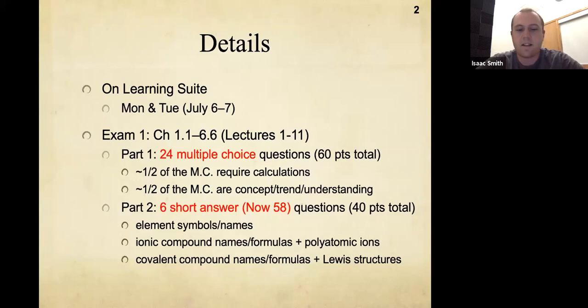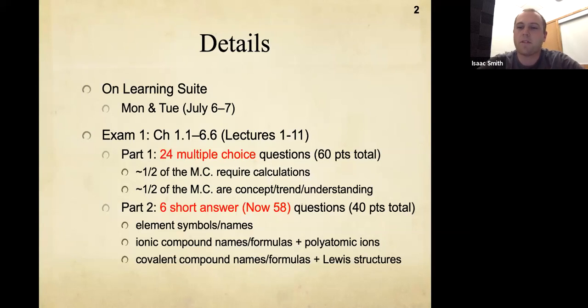Another part of it is ionic compound names and formulas. So given a formula, be able to produce the name, and given a name, be able to produce the formula. And then also know the names for the polyatomic ions. If you're given a polyatomic ion, know the name. If you're given the name of a polyatomic ion, know the formula.